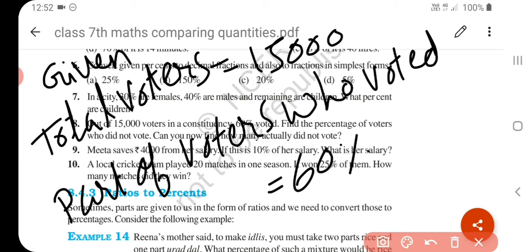So total 100% minus 60%, that is 40%. 40% part of voters did not vote.